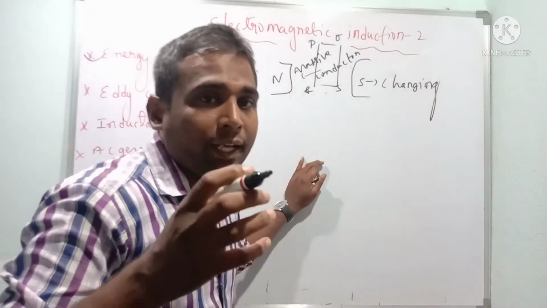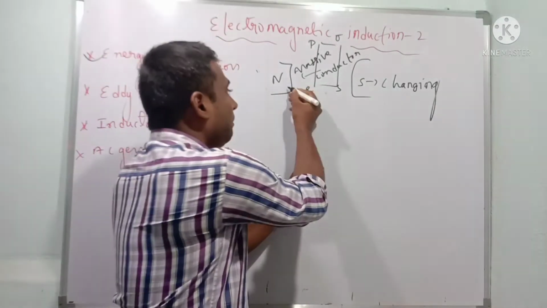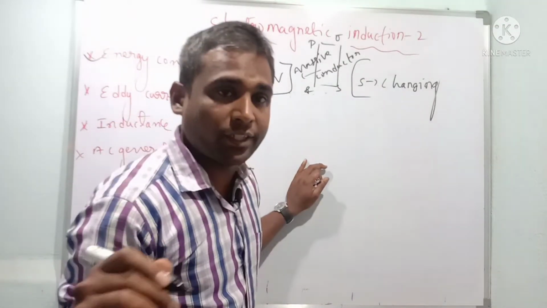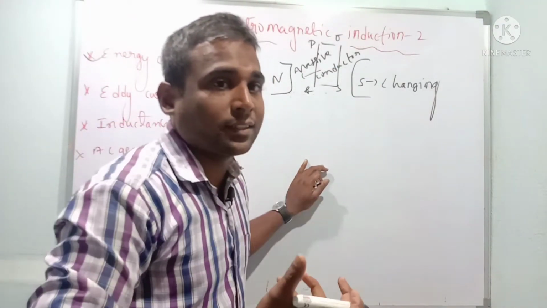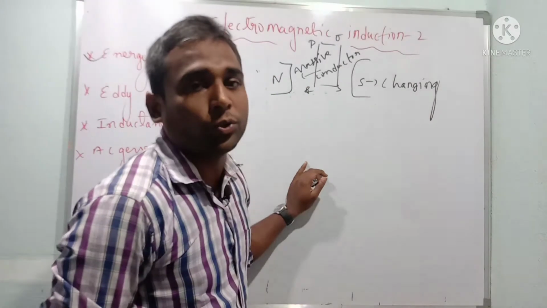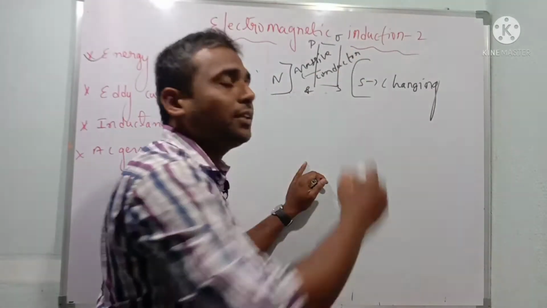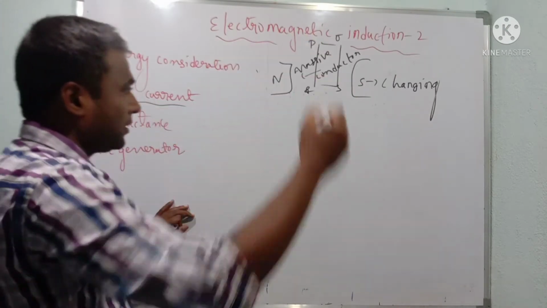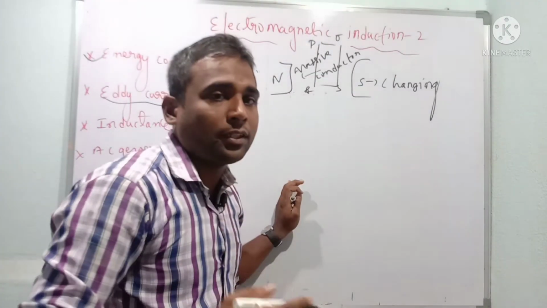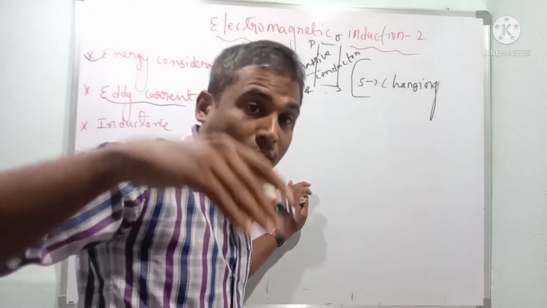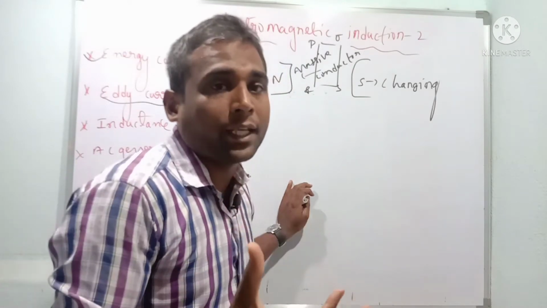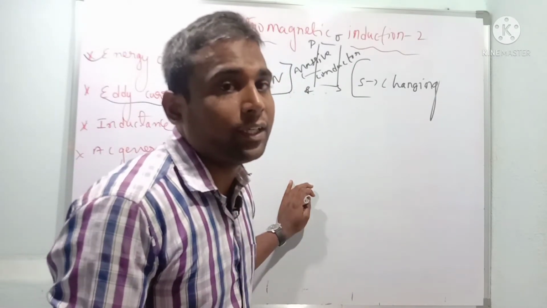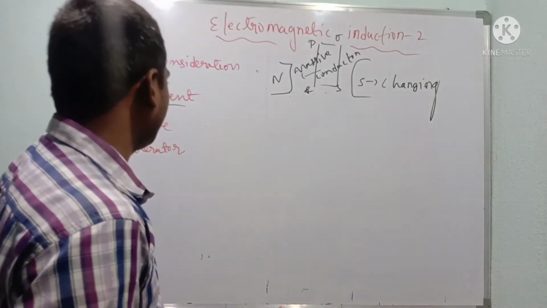When we keep a massive conductor in a changing magnetic field, it generates an electromotive force, which generates a current. That is called eddy current. The process of producing massive current in a massive conductor kept in a changing magnetic field is called eddy currents.